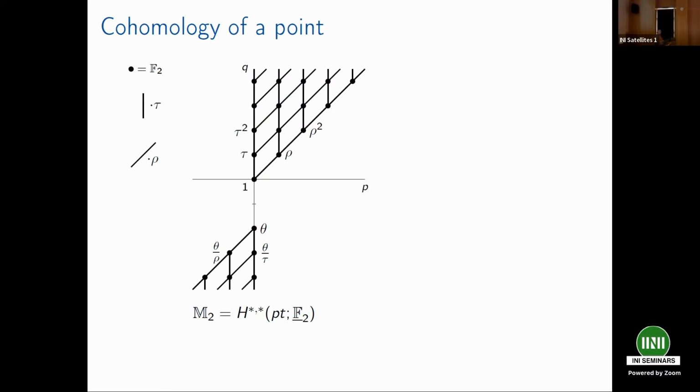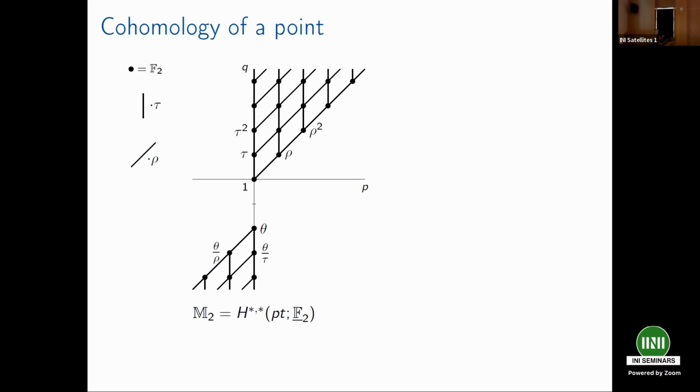Similarly, the lower cone goes on forever. There's a little bit of a gap here, and then there's the top of the lower cone, I call that class theta, and theta is infinitely divisible by rho and tau. Okay, so when I write theta over tau here, I mean tau times that class is theta, and then tau times that is 0, since there's nothing there.